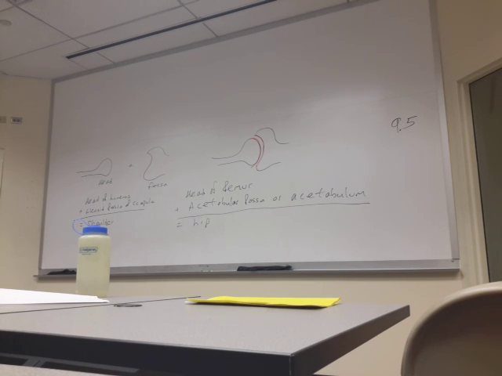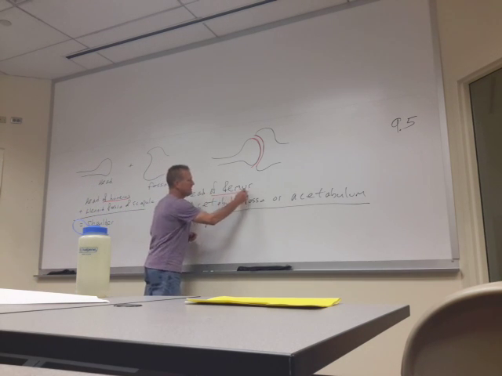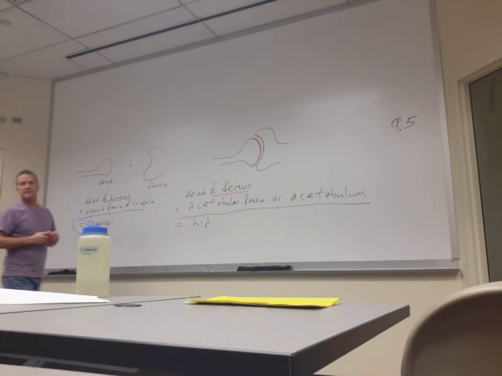Now, something to point out right here. It is necessary to say of the humerus because there is a head on the femur. It's kind of like if you say bladder. Which one? Gallbladder or urinary bladder?